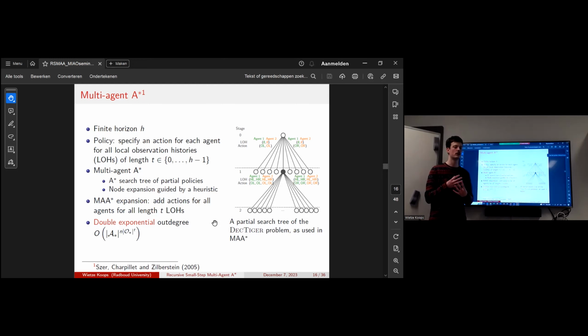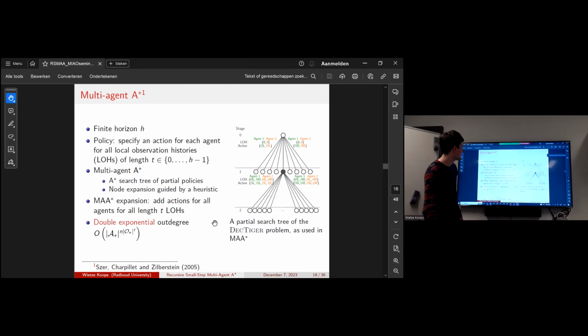In, let's say, stage T, we add an action for all agents for all length T local observation histories. And this leads to a double exponential outdegree because the number of length T local observation histories is exponential in T. And then I have to consider the number of ways to assign actions to that. That's double exponential in T. And it depends on the number of agents. This A star is the maximum number of actions, and O star is the maximum number of observations.